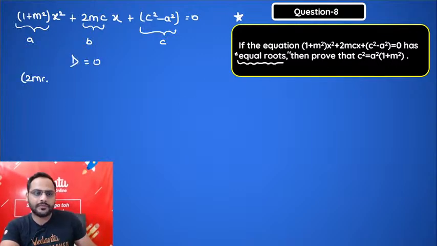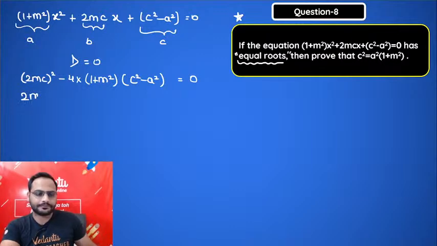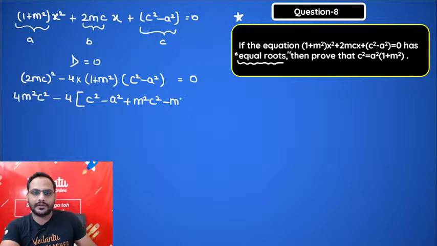So 2mc whole square minus 4 into 1 plus m square into c square minus a square, make it equal to 0. So you got 4m square c square, then minus 4 times of 1 into c square is c square, 1 into minus a square is minus a square, here plus m square c square, here minus m square a square equal to 0.